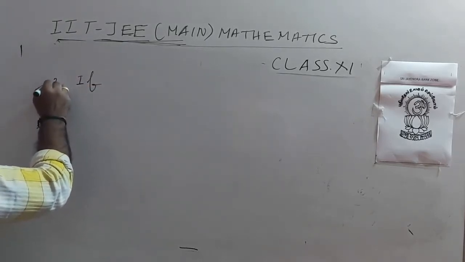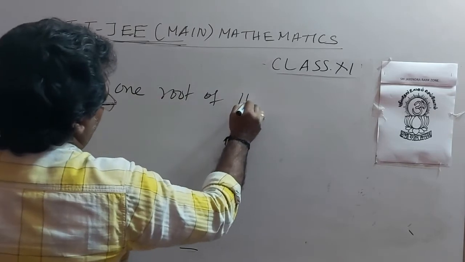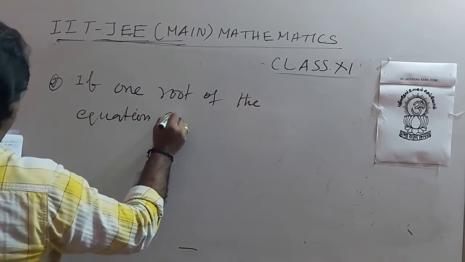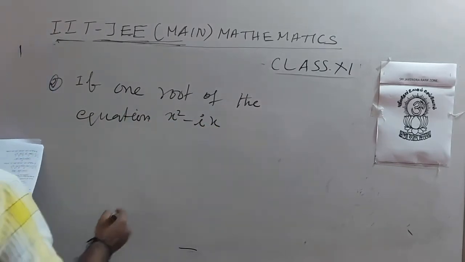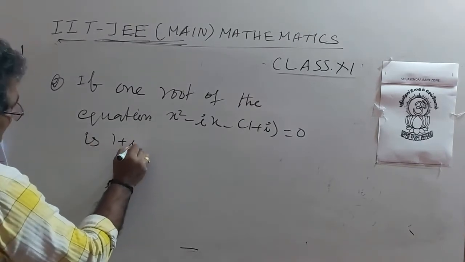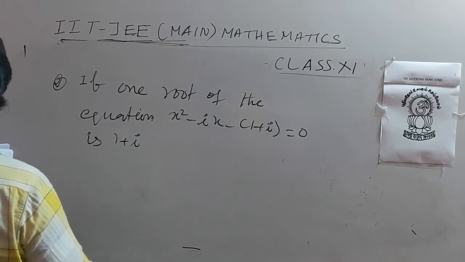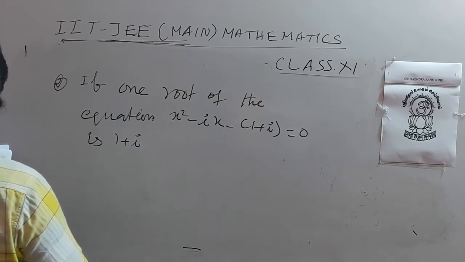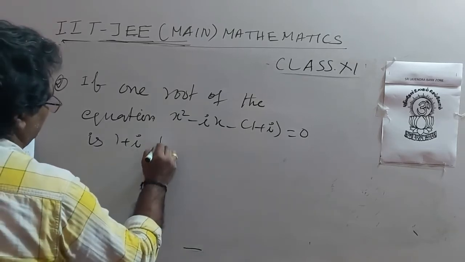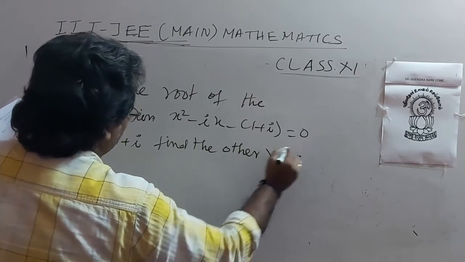If one root of the equation x squared minus ix minus (1 plus i) equals 0 is 1 plus i, find the other root.